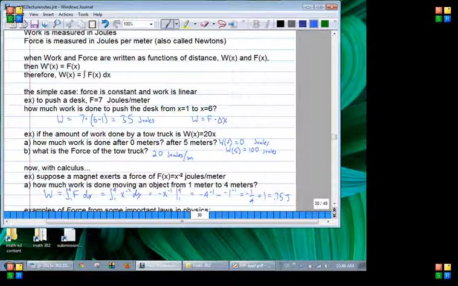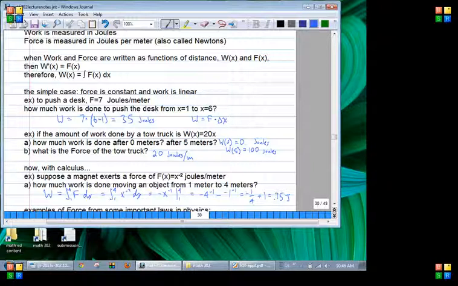Okay. So everything should fall together once you realize the key relationship, which in terms of mathematics is, what's the relationship between work and force? The derivative. Force is the derivative of work.